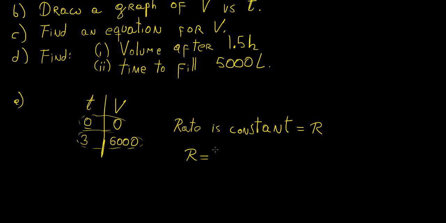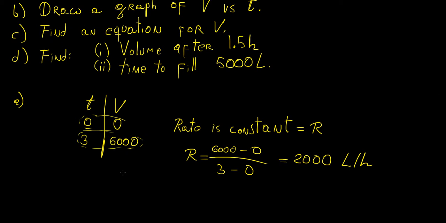So r equals 6,000 minus 0, over 3 minus 0, and 6,000 divided by 3 is 2,000. Now, we're talking about a practical setting, and we're given units. Time is in hours and volume is in liters, so this would be 2,000 liters per hour. That would be the rate of filling that tank.